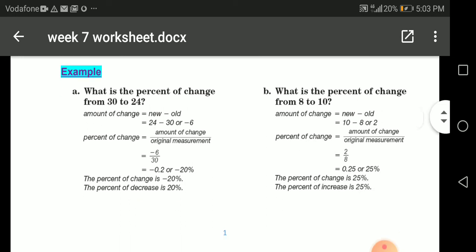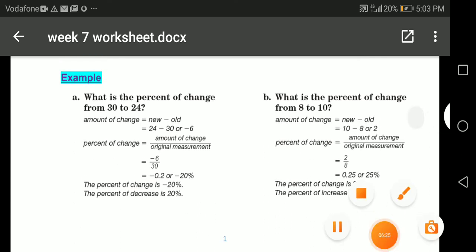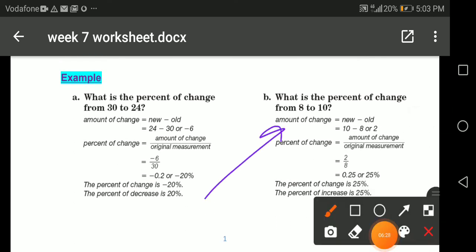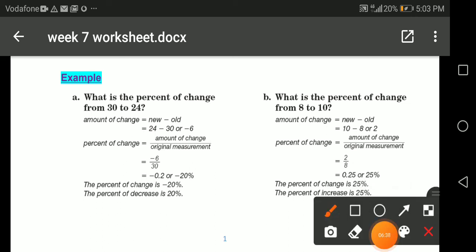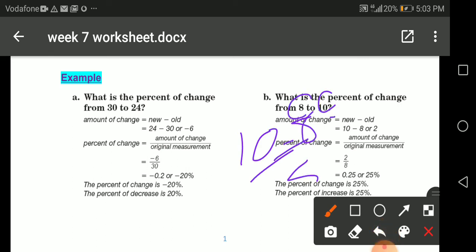Okay, what about this example, guys? What's the percent of change from 8 to 10? The same here: new minus old all over the original. So 10 minus 8, the new minus the original, all over the original. We've got 2 over 8, simplified, divided by 2, we've got one fourth.